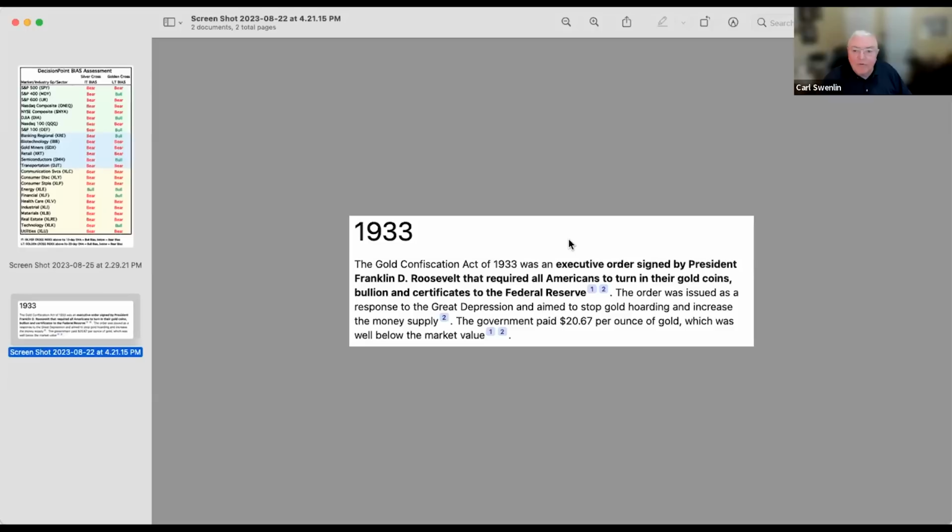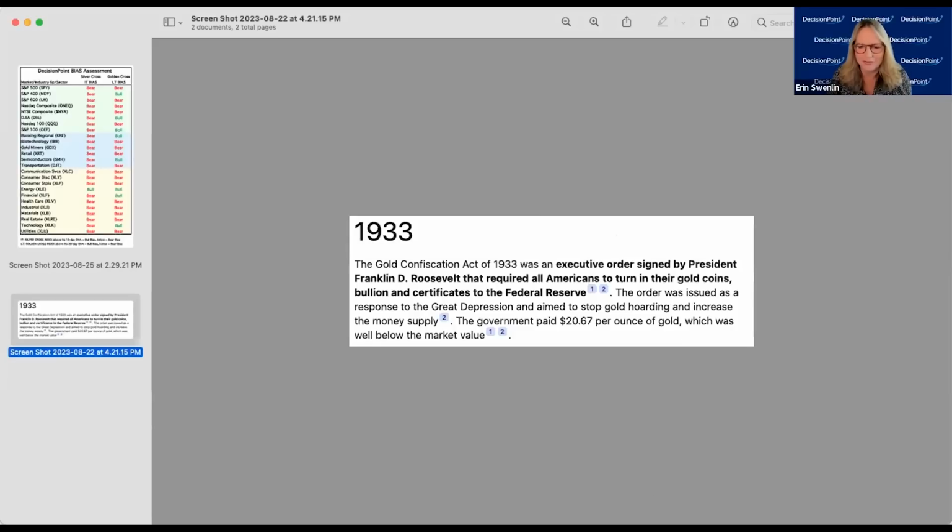If I look at what's going on in the world and in this country, I want to put 80% of my holdings in gold, but that would not work out well if they come out with another confiscation act, which could easily happen. So keep that in mind. And on that happy note, I will let you take it back.